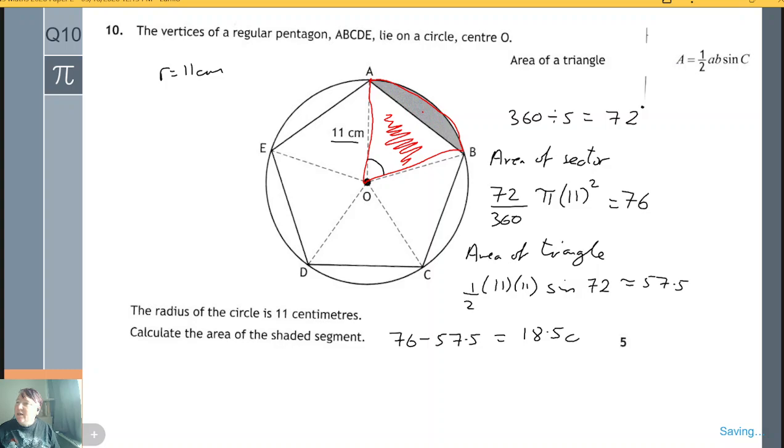We're dealing with area in centimetres, so it's centimetres squared. Okay, just take your time, write down what you know, work out each section bit by bit. That one looked like it was going to be a complicated question, but when you plug your numbers in, it was fairly straightforward.